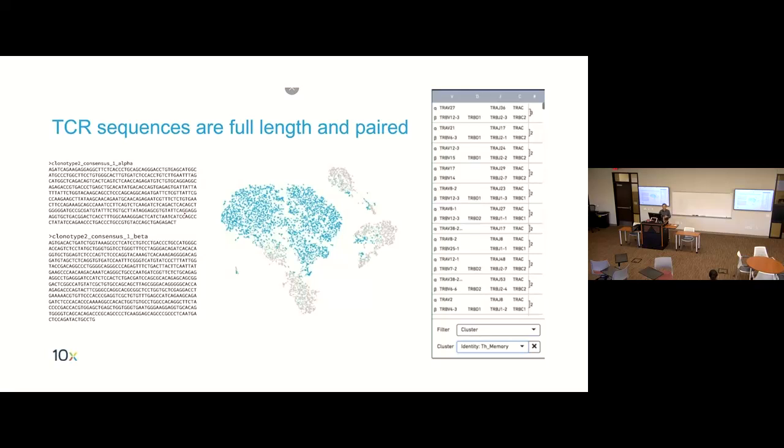You will find a lot of redundancy at the end. So all these, for example, are T cells. They have a lot, but all these blue ones share the same consensus. What that means is their surface receptor sequences are the same.